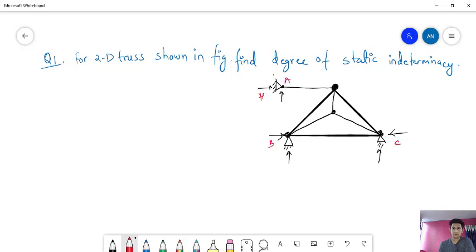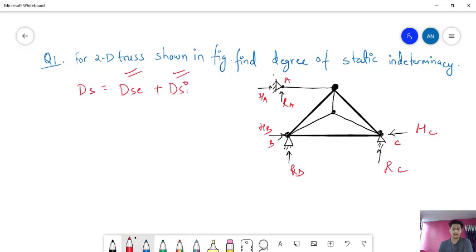So it will be HA and RA, it will be RB and HB. This is RC and HC. So for that we have to calculate the degree of static indeterminacy. The formula is ds is ds external plus dsi. First of all you need the value of external indeterminacy, then internal indeterminacy.